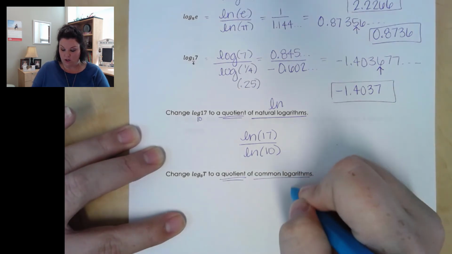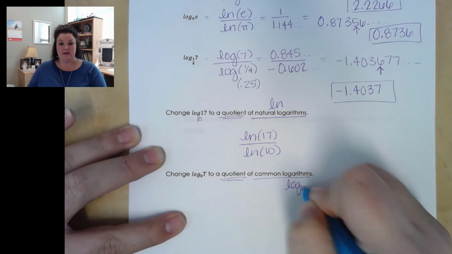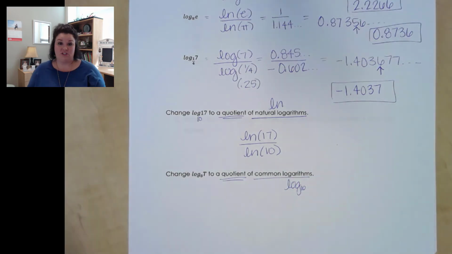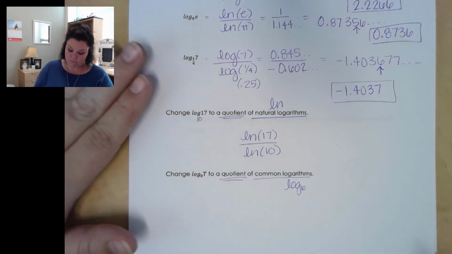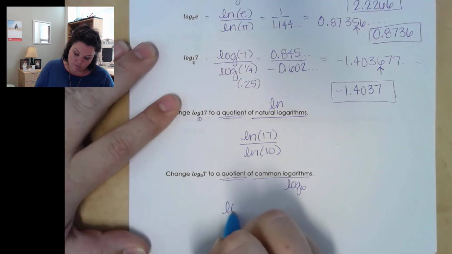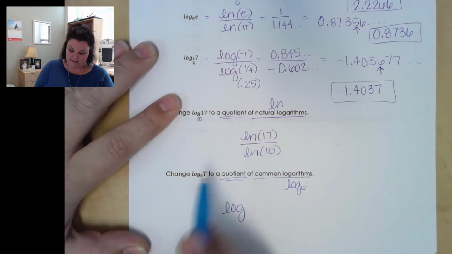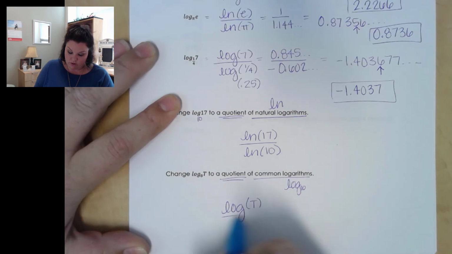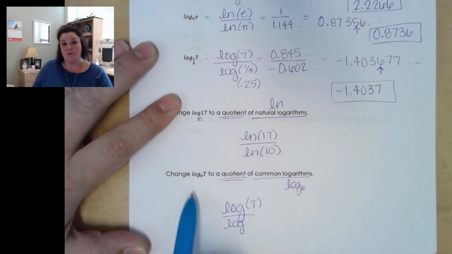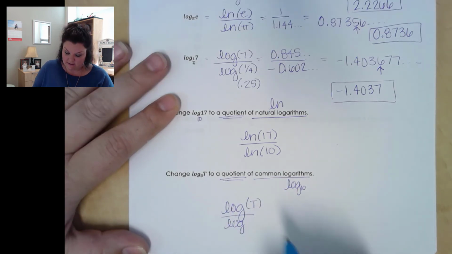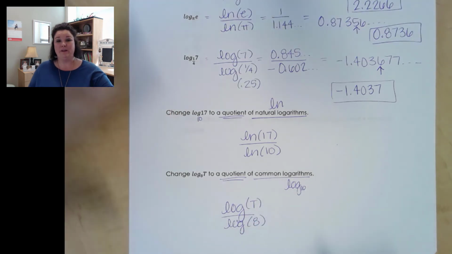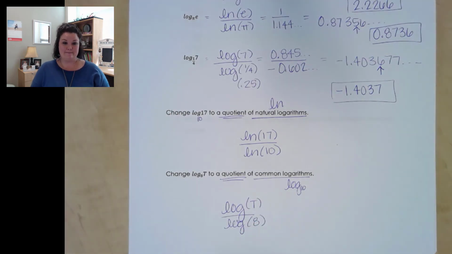So a common log is log base 10, which is the one where we just don't write the 10, right? So we do log of our original inside value, which here is a t, over log of our original base, which is an 8. And we can just leave it like that, okay?